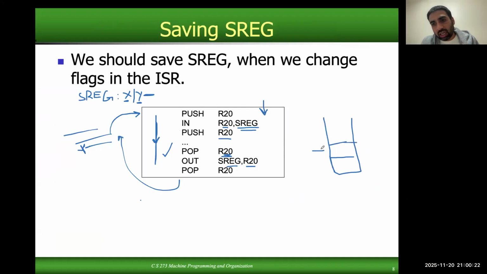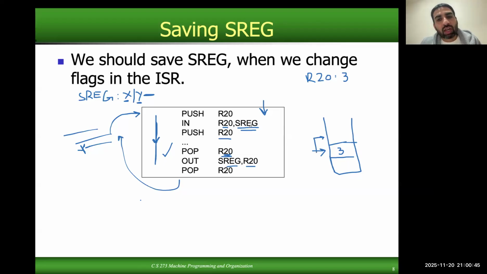Let's say this is our current stack pointer. When we first say push R20, let's say the value of R20 is 3. So we are pushing 3. We get the value of R20 on the top of the stack, and then the top of the stack will be moved. Moved is the right word to say.